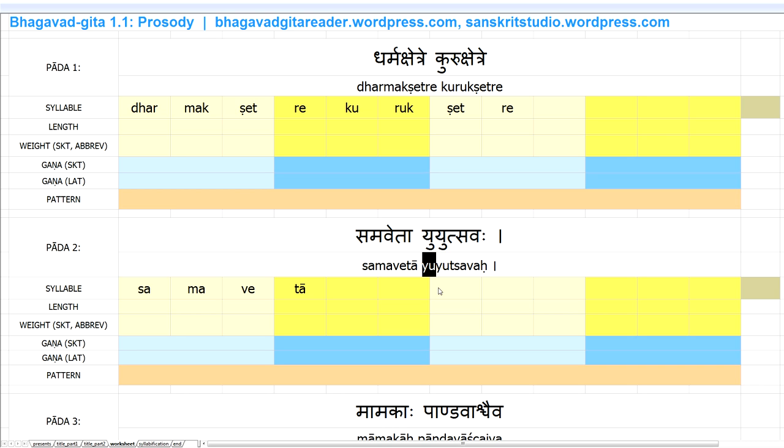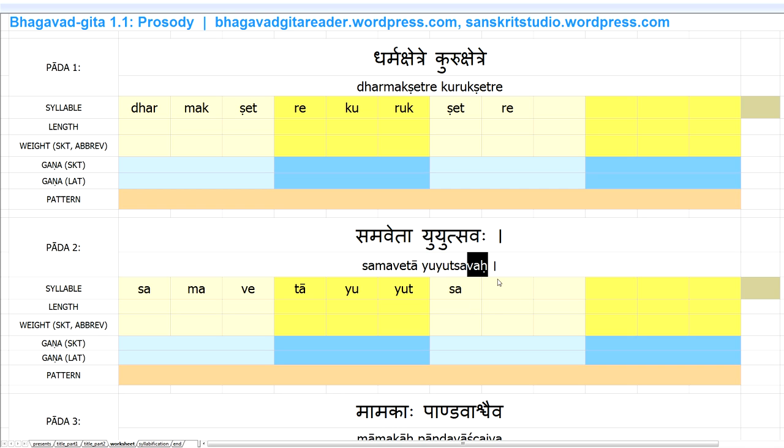And here we have a yu, because the second ya goes to the right to team up with the second short u here. Yu, but then we have two consonants in a row here, so we have to take the t to the left and it goes with yu to form yut, and then we have just a sa here because the v moves to the right and teams up with the last short a here.